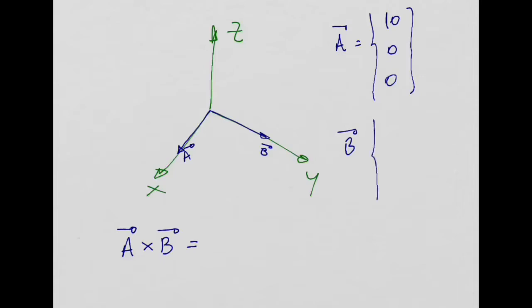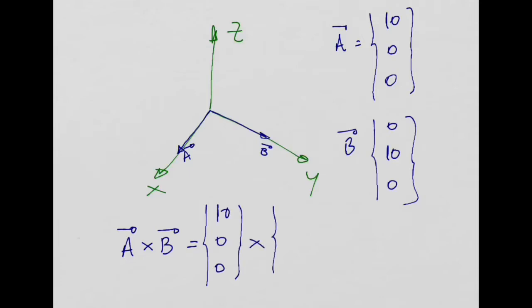Vector B only has a component in the y direction. Let's say 10 as well in the y direction. So this is my vector B. So let's do the cross product of A, 10, 0, 0, with B, 0, 10, 0. Let's do the cross products now. Let's start with the x first. I need to do this cross product now.